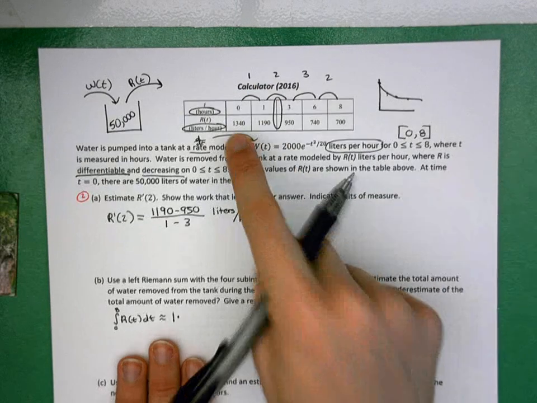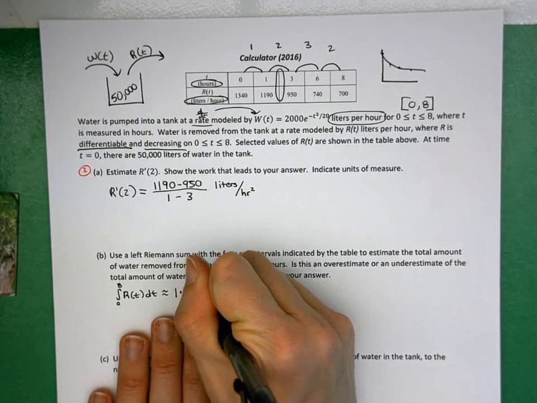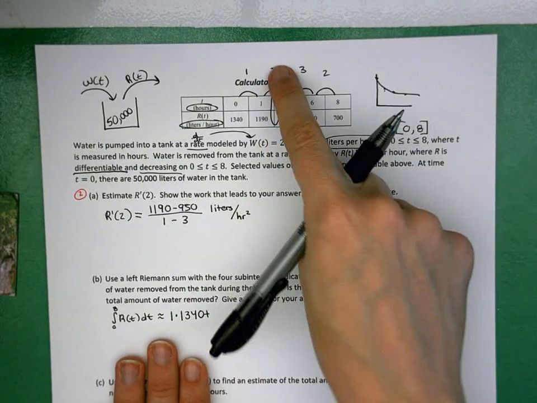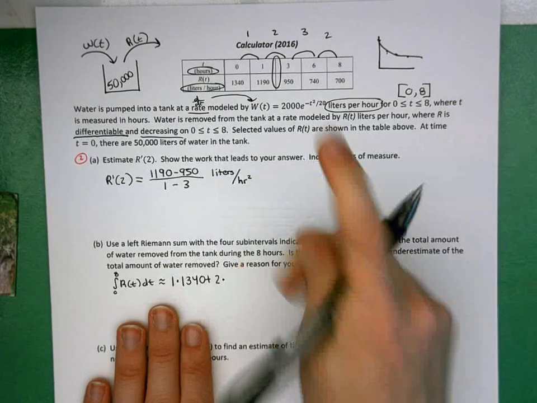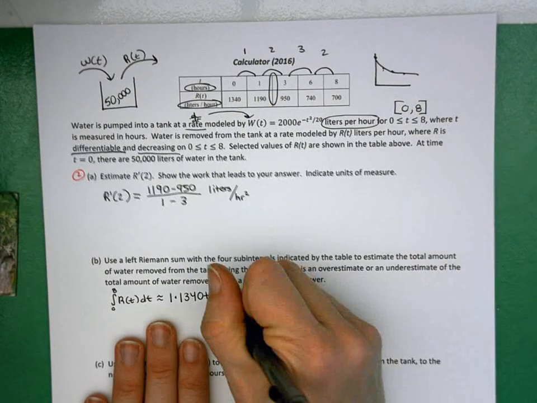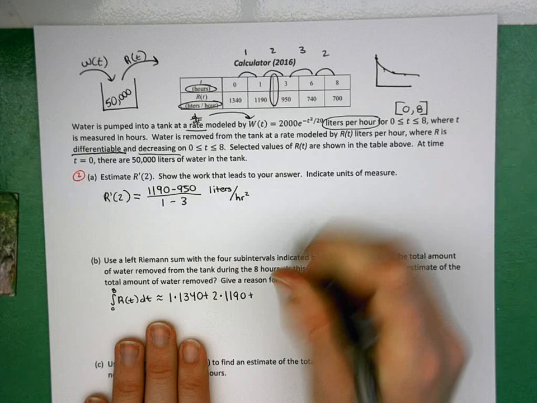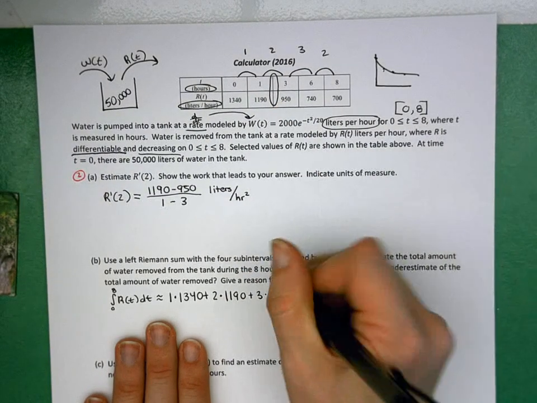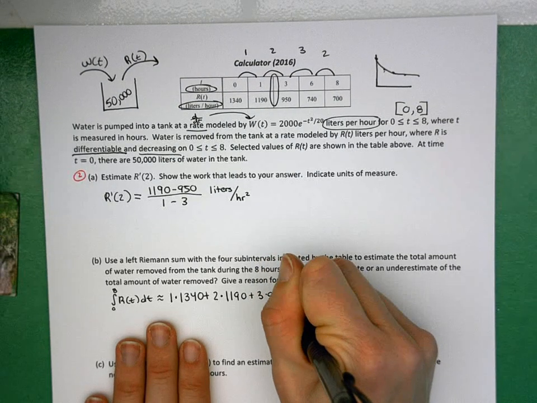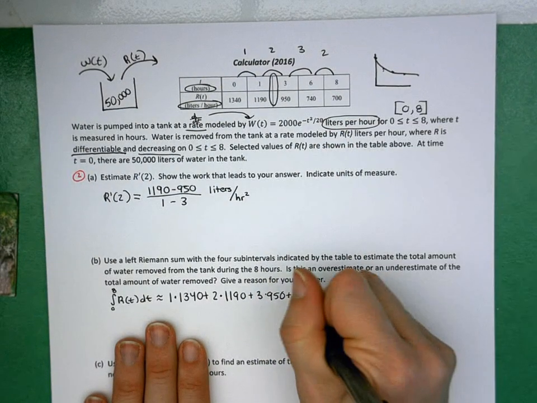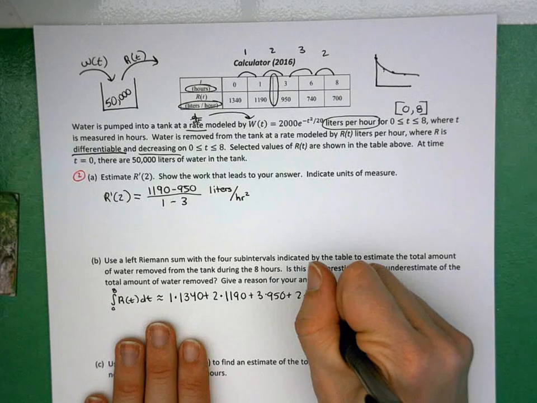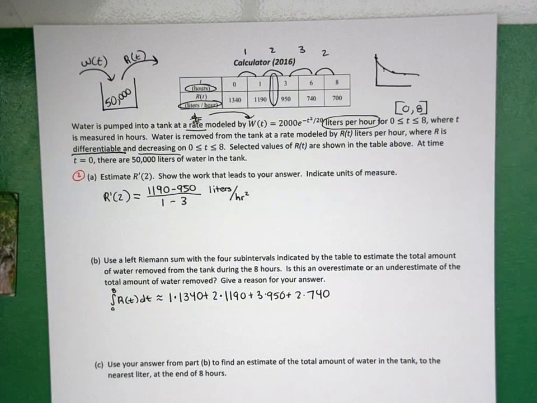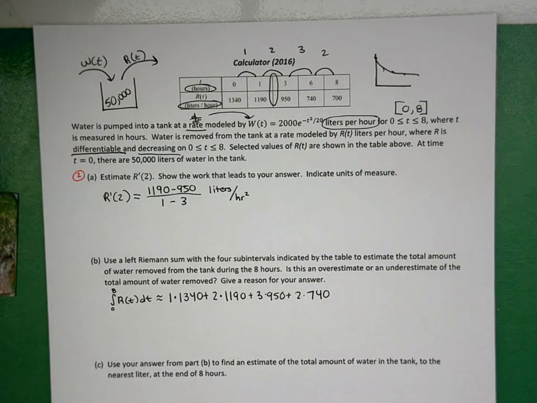Second subinterval, distance of 2, times the left hand, 1190. Third subinterval, distance of 3, times the left hand, 950. And fourth subinterval, distance of 2, times the left hand, which is 740. It is a calculator one, so maybe use your calculator, maybe you don't. Again, I wouldn't. This is 8050 if you did end up simplifying it, 8050, but I'd leave it alone.